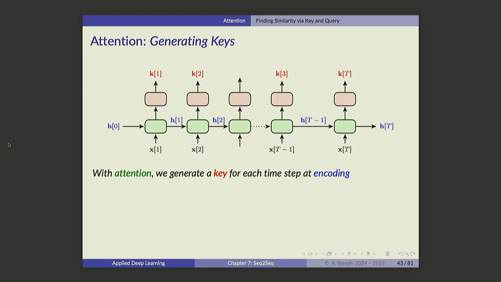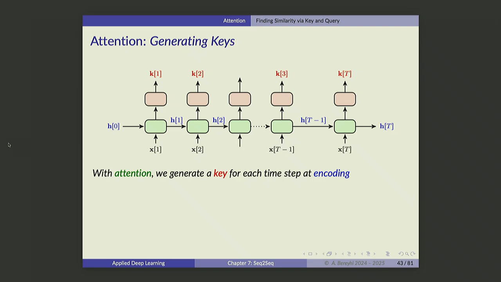So when you want to do the attention, every time that you are processing, in addition to the hidden state that you are generating for that particular time step, x1, for example, you're going to also generate one key. What is key? Extra features, extra numbers. I put one output layer here, one linear layer.